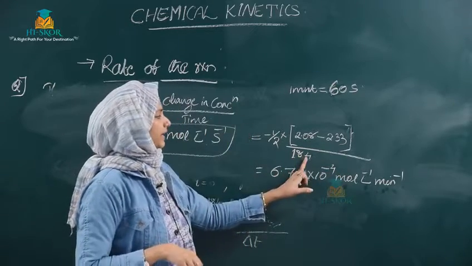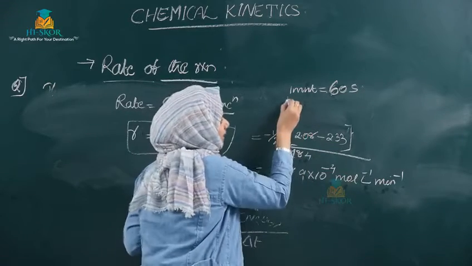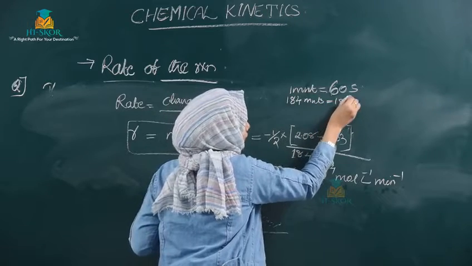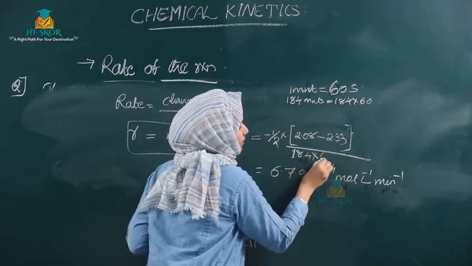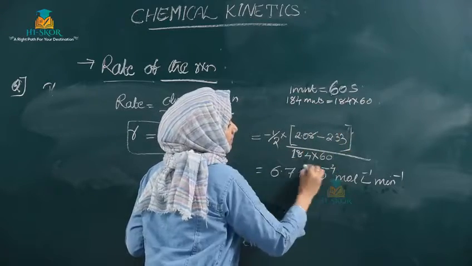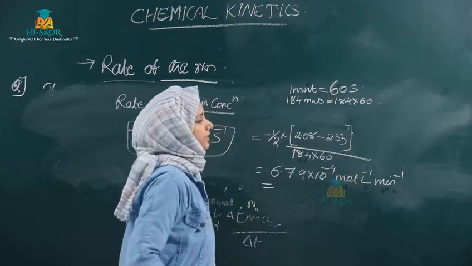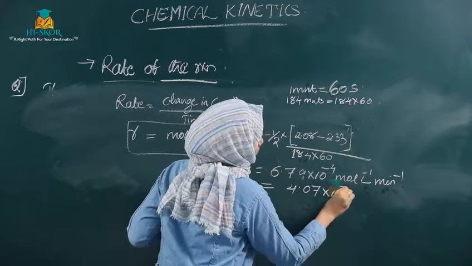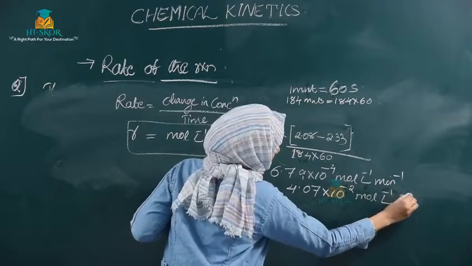Why multiply? If 1 minute is 60 seconds, then 184 minutes is equal to 184 into 60. Then the answer you got should be divided by 60. Doing that, you will get 4.07 into 10 raised to minus 2 moles per liter per second.